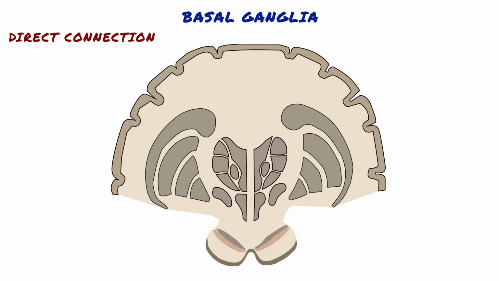Direct connection. Impulses from the cerebral cortex to neostriatum increase the activity of inhibitory neurons located in the neostriatum, which send efferent fiber to the globus pallidus interna and pars reticularis of the substantia nigra.